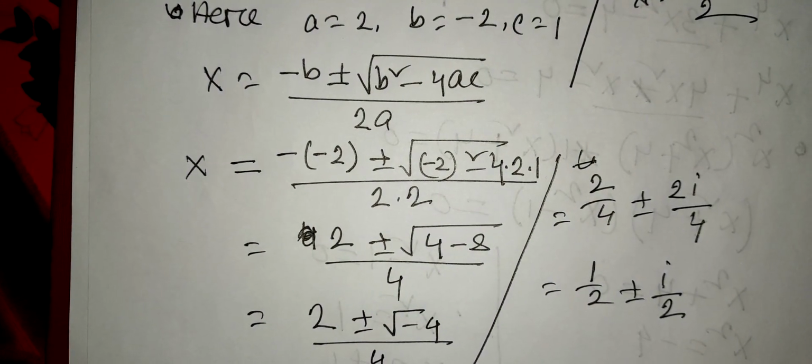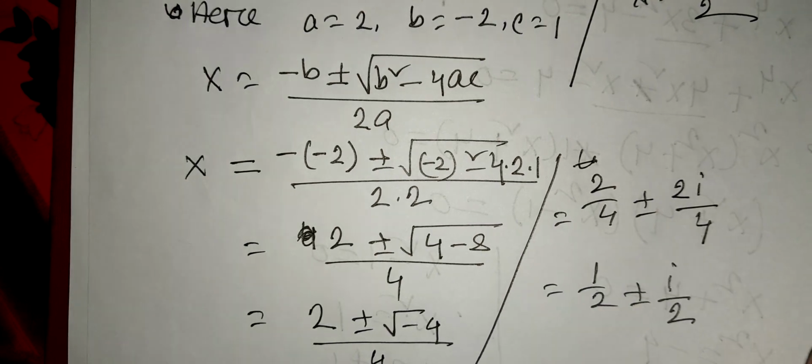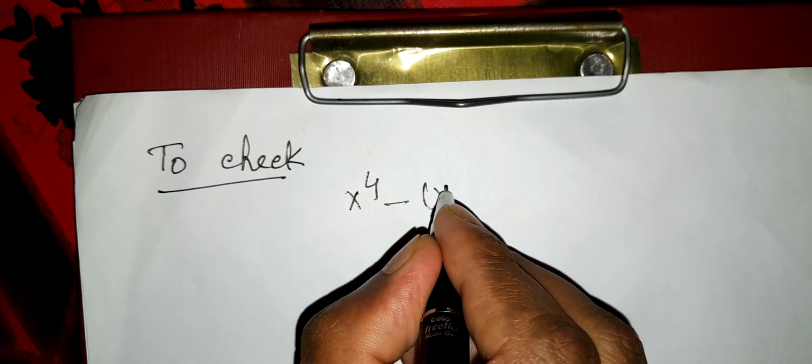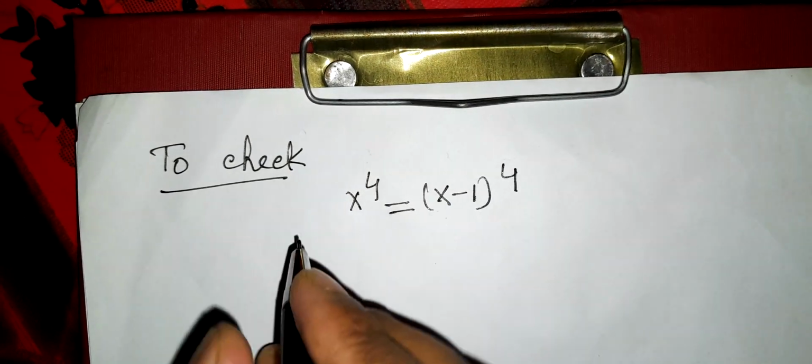Okay, and check. Now we can check the equation. To check: x to the power 4 equals (x minus 1) all to the power 4.